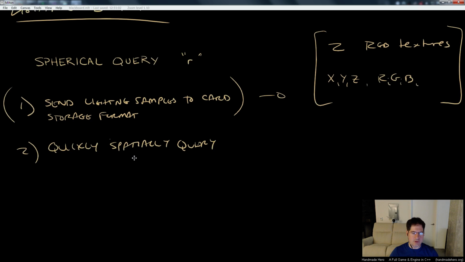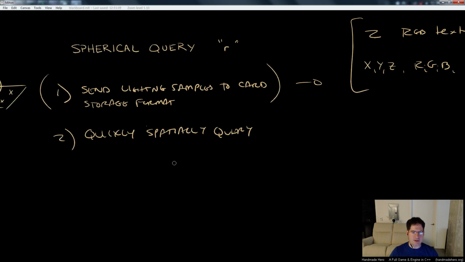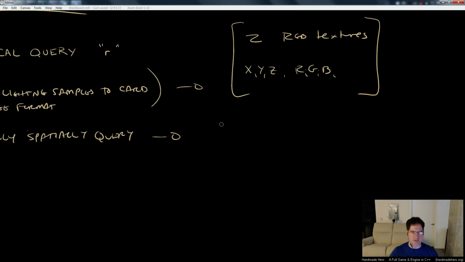Then for the spatial query aspect of it, that part's a little bit trickier, but we do have options for it. So the simplest option probably is just going to be a voxel, right?